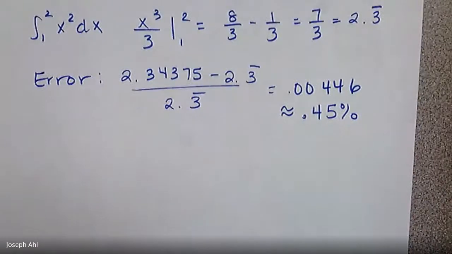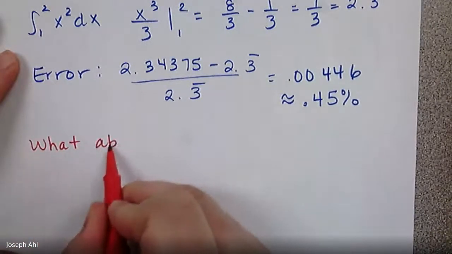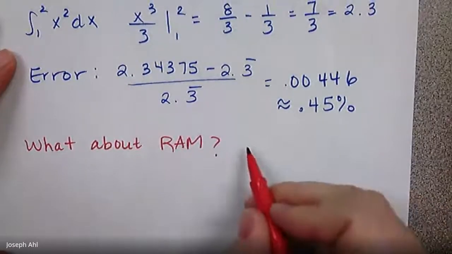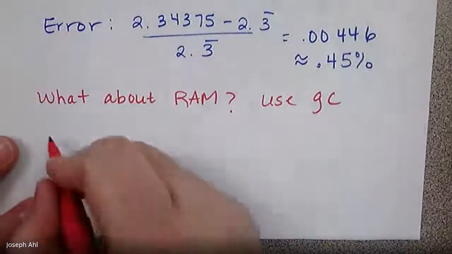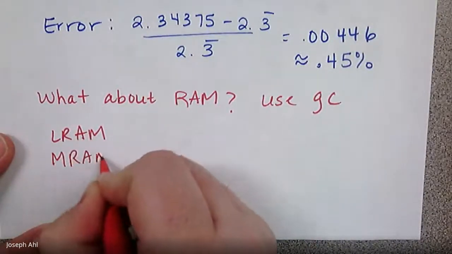Well, the last thing that I want you to do, and I'll let you try this on your own, is compare this to what we know with RAM. So use your calculator to use 4 rectangles and calculate LRAM, MRAM, and RRAM.